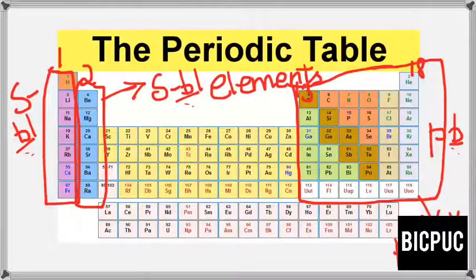So, which are S block elements and which are P block elements? Elements present in the S block are called S block elements as shown here, and from group 13 till group 18 is the P block, and the elements present there are known as P block elements.